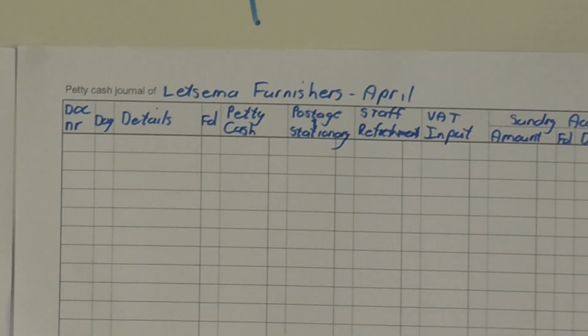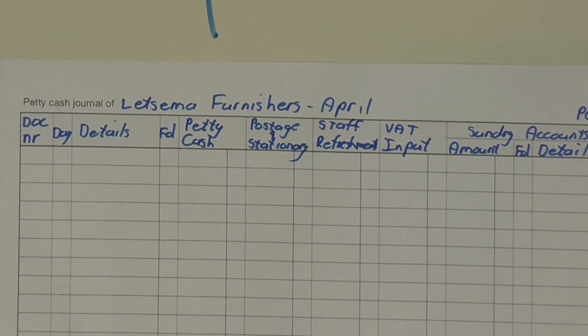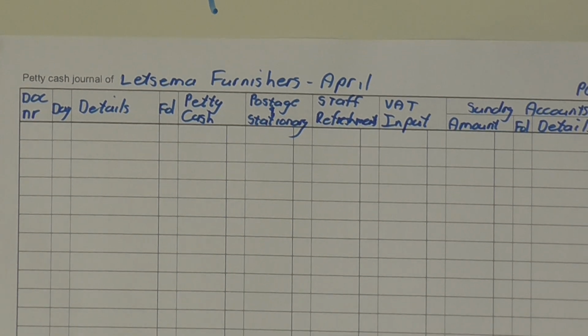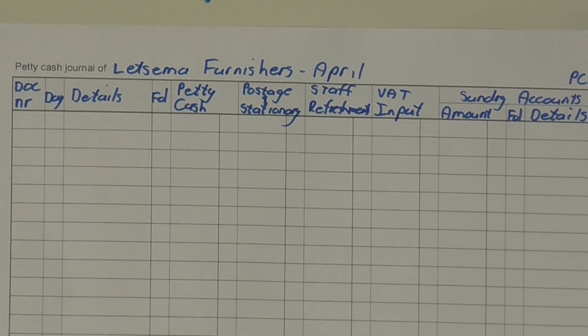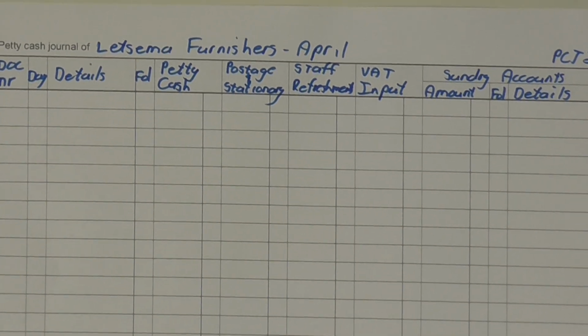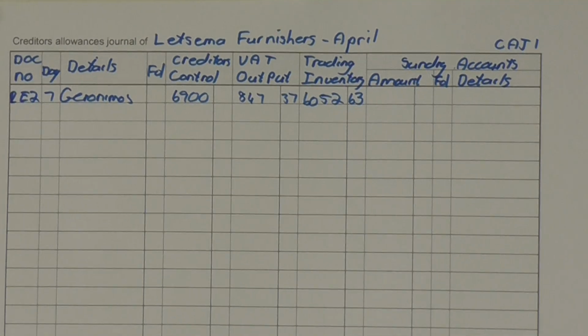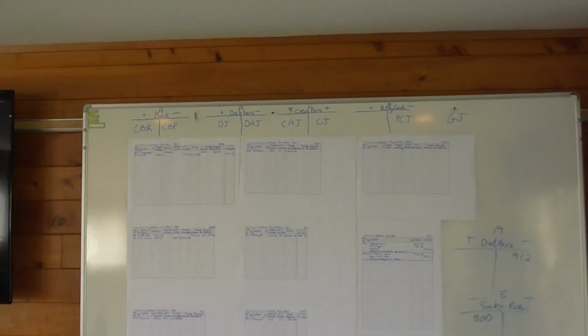Oh, that's just my beautiful handwriting. And then there is the petty cash. Alright, I think this will work a lot better. Then at least you can see what I'm writing and how it all works together. So at the end of every lesson, I will do that.